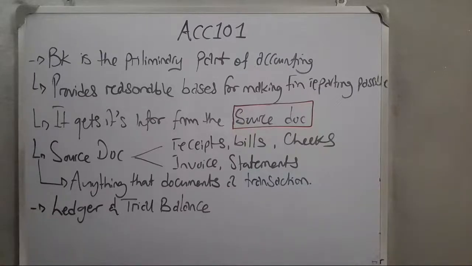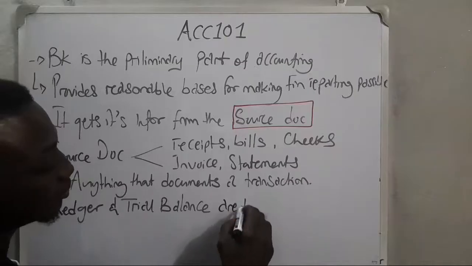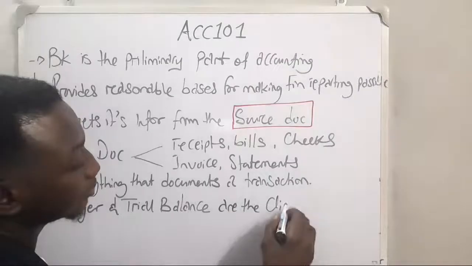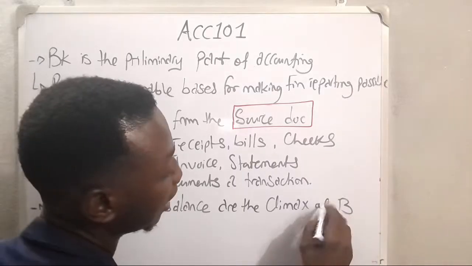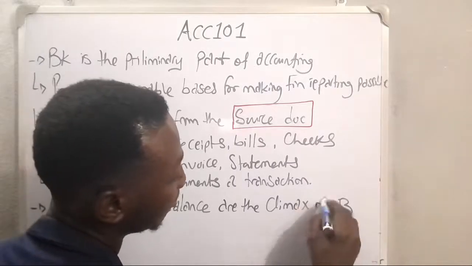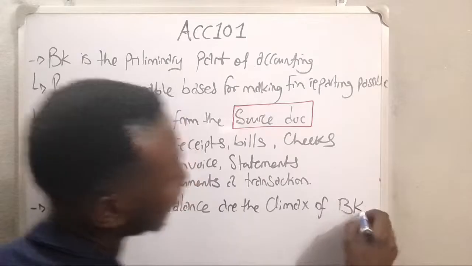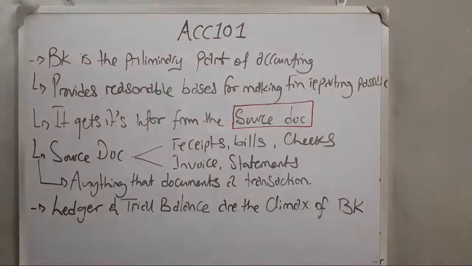Ledger and trial balance are said to be the climax. Climax of bookkeeping.